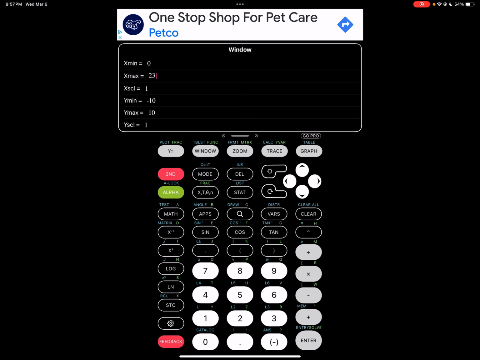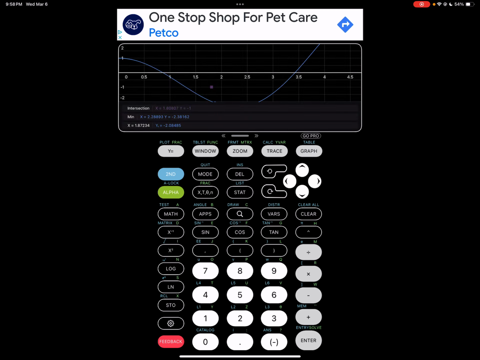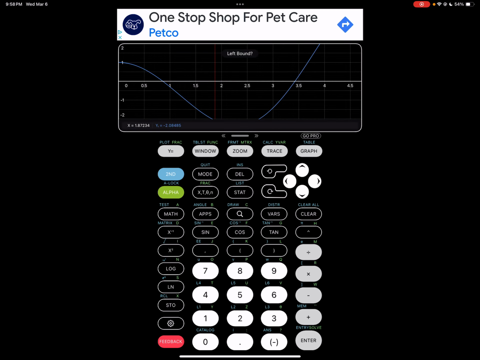Definitely change your y min and y max because we're only looking at the x-axis. So I would say like -2 to 2 and then call it a day. Graph it, and then remember here, we are just trying to find my zeros for this particular problem.